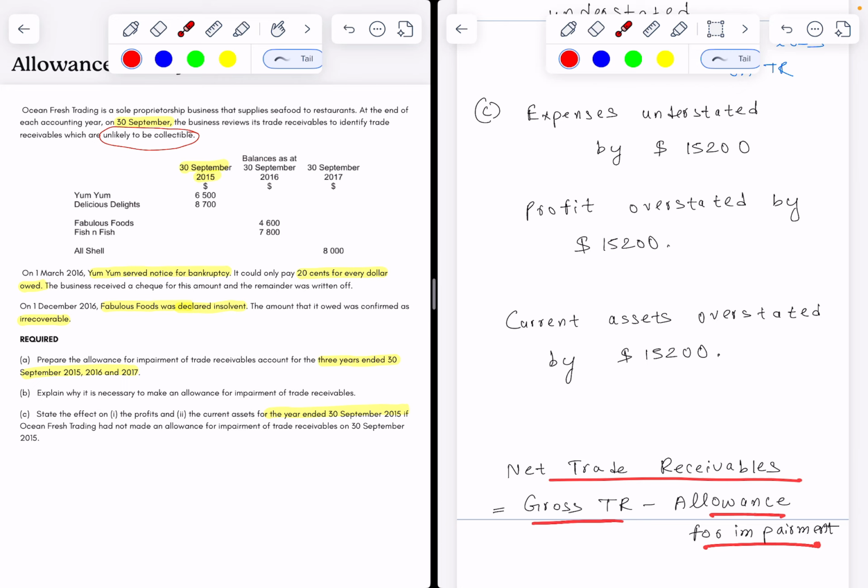The total amount owed to us is $15,200. If we do not include that $15,200 in our allowance for impairment account, then we would have overstated our current assets. Okay? So that is why we make this allowance in the first place using the prudence accounting concept. All right.